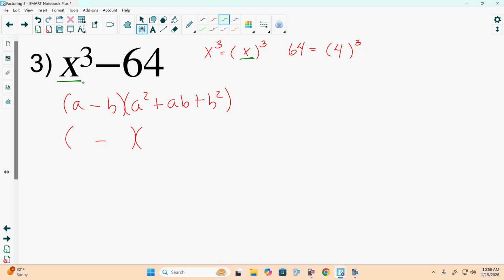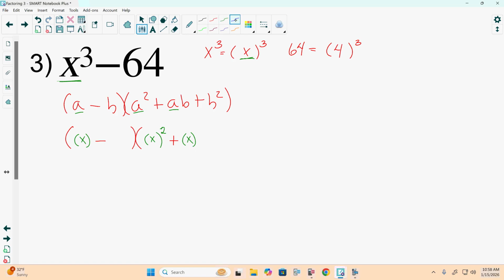So every a in this form is going to be replaced with x. So our first a here is just x. Our next one, the a squared, we replace the a with x. We still have the exponent, so it would be squared. Plus, this a here will also be replaced with x. And that's the only other place a shows up.